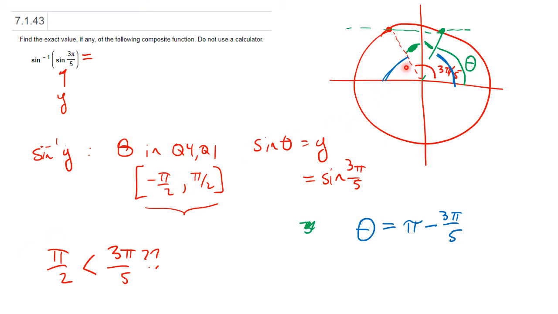On the left of the circle here, here's pi. Then I need to take away all of this, and that was 3 pi over 5. So this missing bit here is pi minus 3 pi over 5, and based on a symmetry argument across the y-axis, this angle, pi minus 3 pi over 5, is congruent to the angle theta that we were after on the right-hand side. And pi minus 3 pi over 5 is 2 pi over 5.